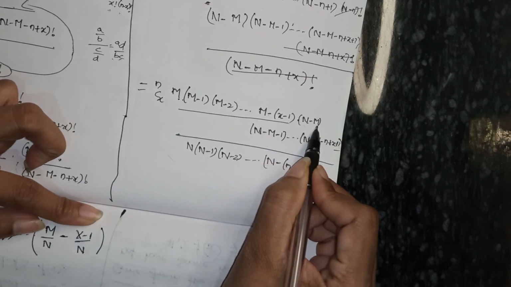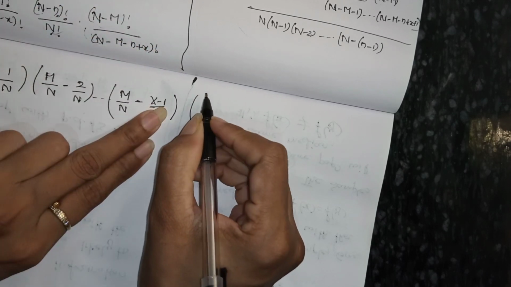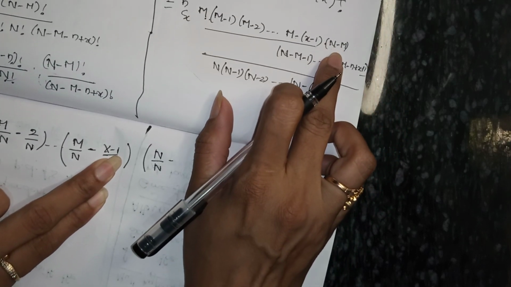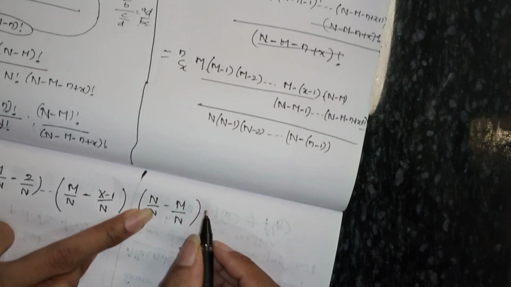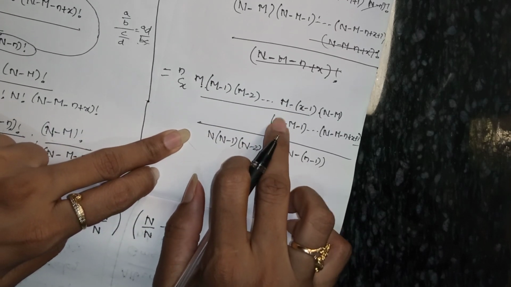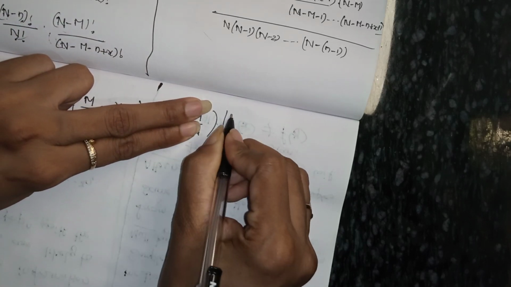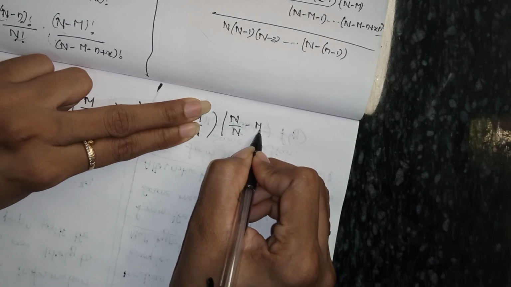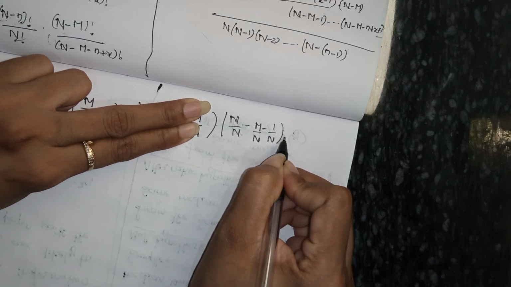And the next is n minus m. Okay, so that term we have to divide with what? N. N by n minus m by n into, so this one completed. Now we have to come to here. This is denominator, this is numerator itself. Now we have to divide this term with n. So that means n by n minus m by n minus 1 by n, and so on.